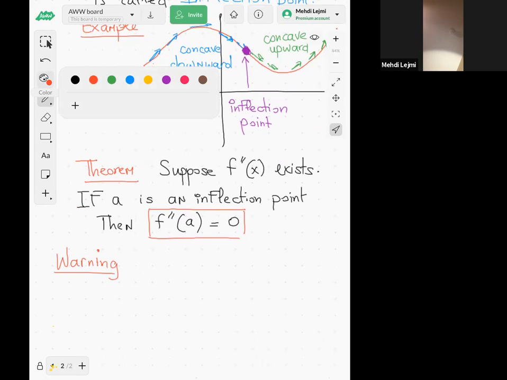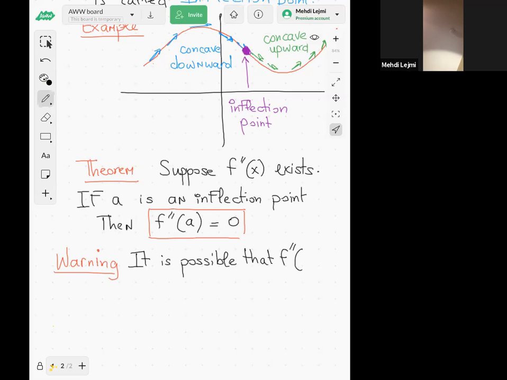It's possible that f second of a is 0, but a is not an inflection point.